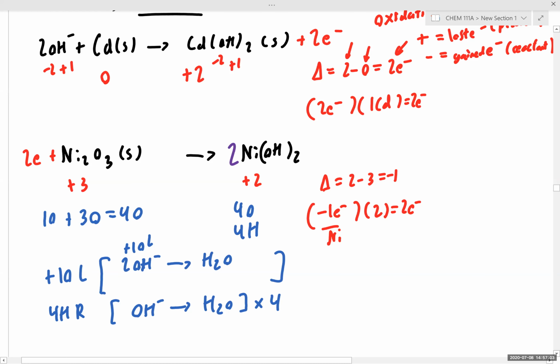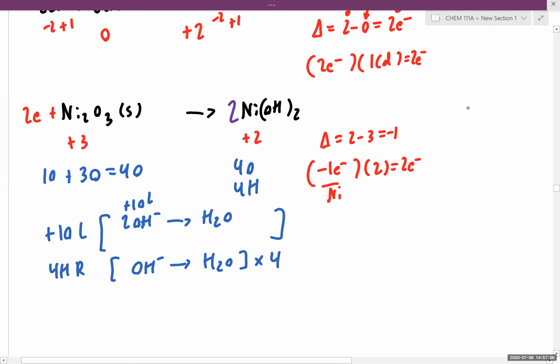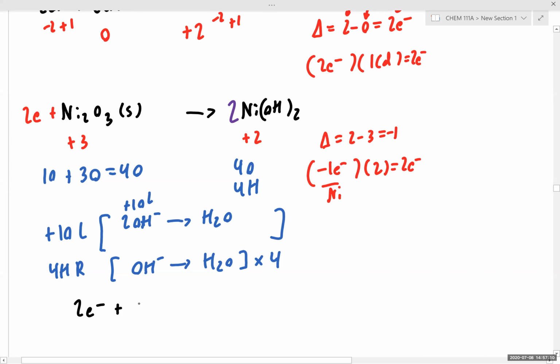Okay, so let's add this to our base equation, and that in turn gives us 2 electrons plus nickel 3 oxide plus 6 hydroxide leads to 2 nickel hydroxide plus 5 H2O.